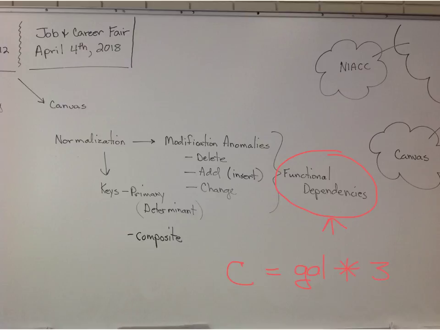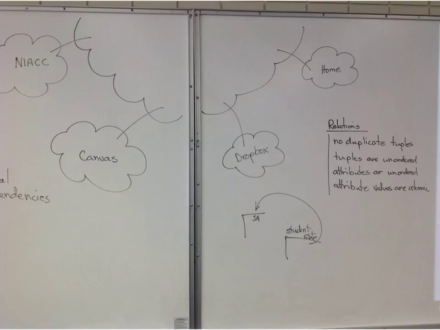The cost is dependent upon the gallons. If you have 4 gallons, the cost will be $12. If you have 3 gallons, the cost will be $9. The cost is dependent upon the gallons. So gallons determines cost. That might seem kind of simple now, but it'll make more sense later on. Okay.